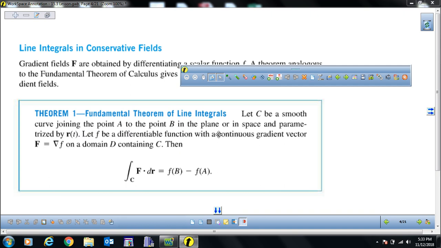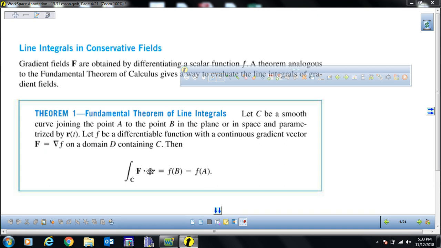Let f be a differentiable function with continuous gradient vector, F equals the gradient of f, containing C. If we can find a potential function for F, then instead of doing the line integral, we can evaluate it directly as f of B minus f of A, through its potential function. That will be the same as the work integral.